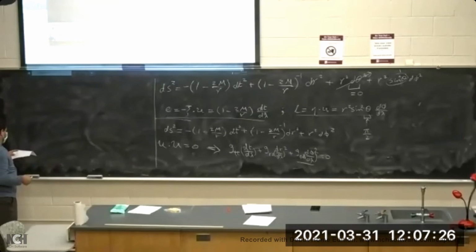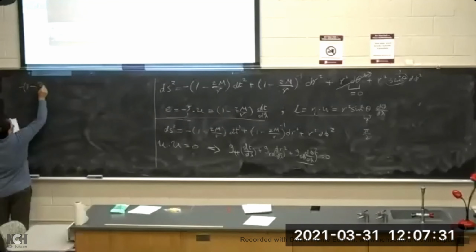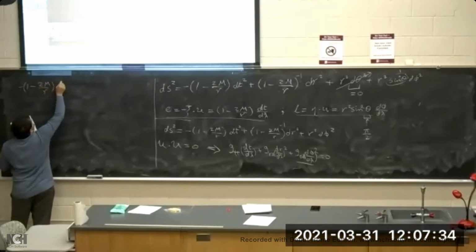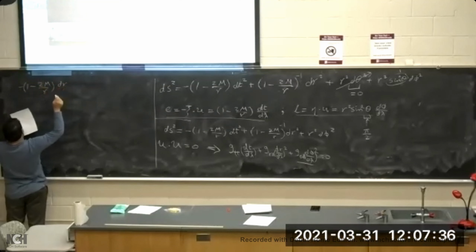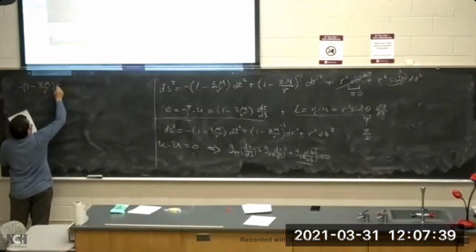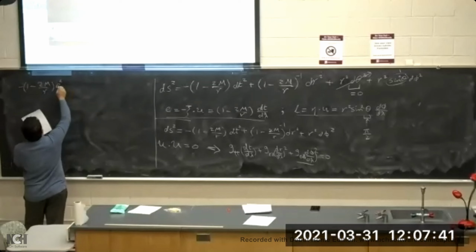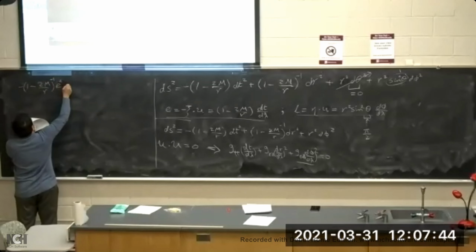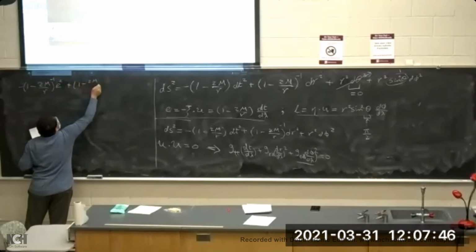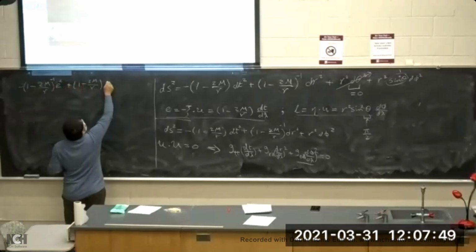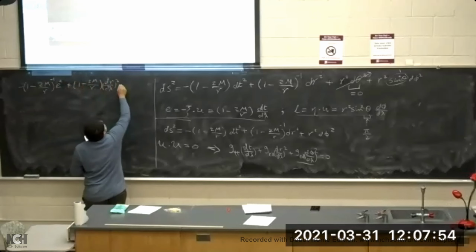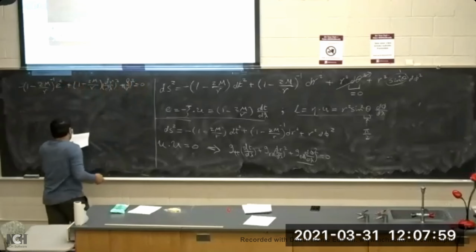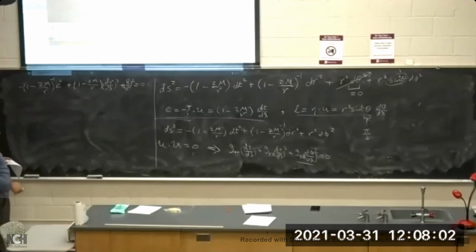In this case we will find minus E square over (1 minus 2m over r) plus (1 minus 2m over r)^-1 (dr by d lambda) square plus L square over r square is equal to 0. We need to reorganize these terms.